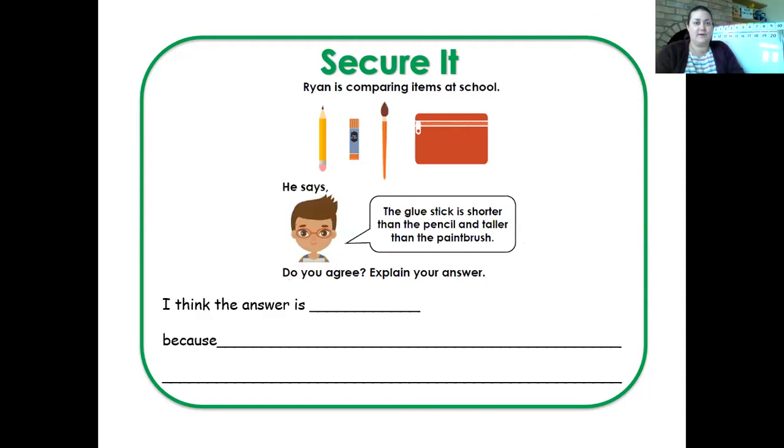Second Secure It question is this one. Ryan is also comparing items at school. Now he's got 4 items. He's got a pencil, a glue stick, a paintbrush, and a pencil case. And he says the glue stick is shorter than the pencil and taller than the paintbrush. So do you agree with him, and explain your answer?